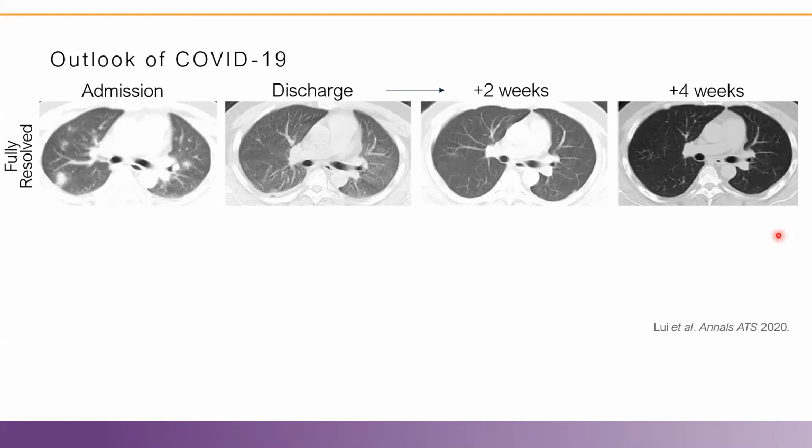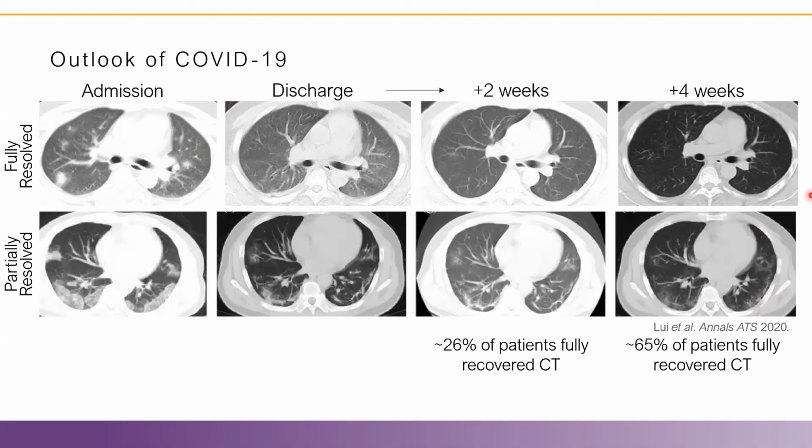This first row is showing a patient who had very mild chest CT abnormalities when they were first admitted to hospital, and by 2 and 4 weeks after discharge, their CT abnormalities had completely resolved. But in contrast, on the bottom row here was a patient who had more extensive CT abnormalities that tended to persist up to 4 weeks after hospital discharge.